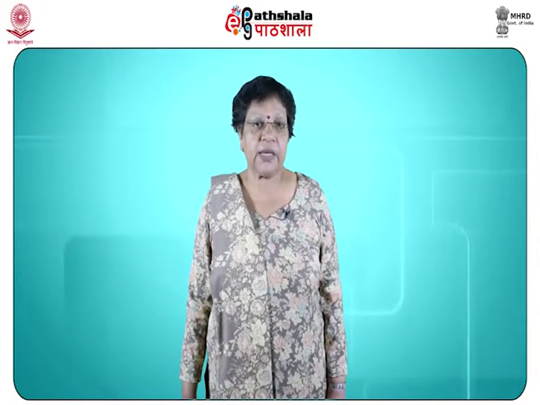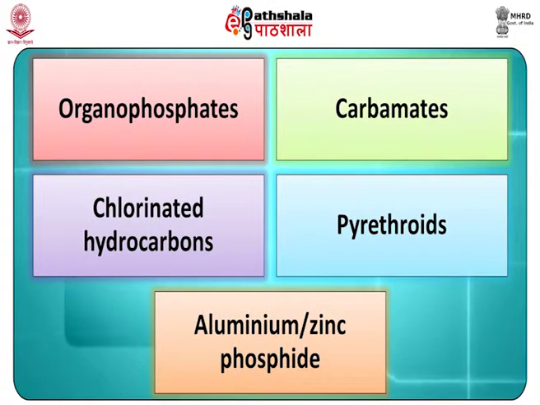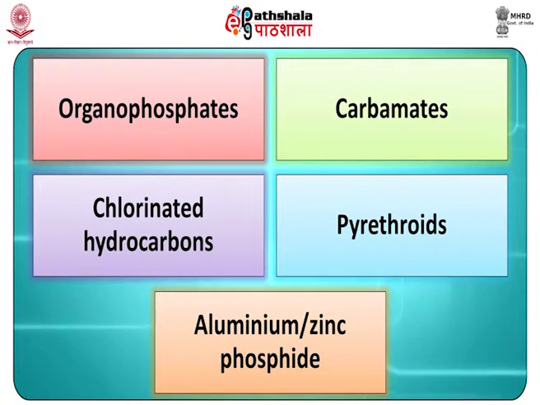The problem is getting worse with time as newer drugs and chemicals are developed in vast numbers. The commonest agents in India appear to be pesticides like organophosphates, carbamates, chlorinated hydrocarbons, pyrethroids, and aluminium or zinc phosphide.